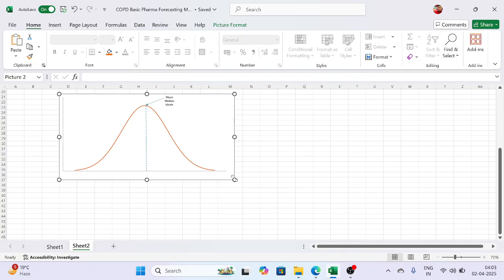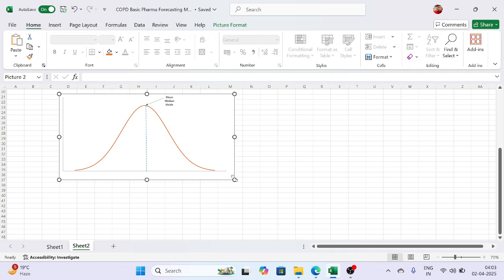Now you need to analyze the initial share of the drug when it's getting launched. Of course, it will not be 100%, because there will be a few other drugs in the market grabbing those shares, right?